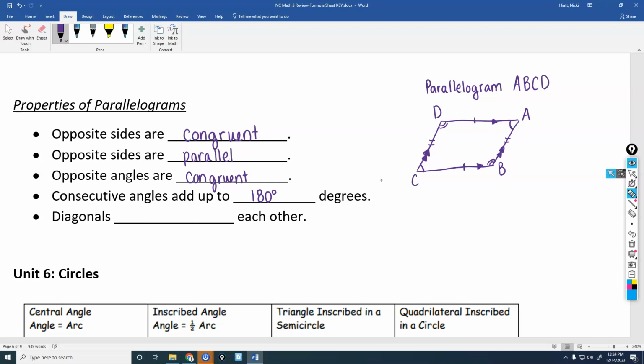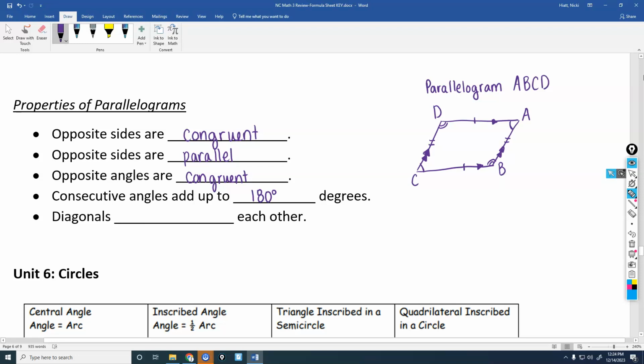A and what? Well, we don't know for sure what the angles are here. So A could be consecutive with which two? B. A and B are consecutive. They're on the same side. Or A and D could be consecutive right there. Basically, we split the parallelogram in half, either vertical or horizontal. They'd be on that same side. It's just not the opposite corners. Those are the opposite angles.